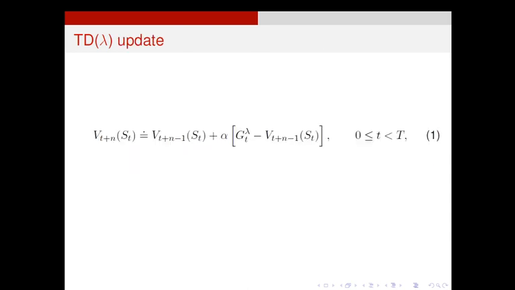Then what is the TD lambda update? See lambda here. Now the temporal difference is explained in terms of lambda. Then what happens to the weight update formula? First we look into that.